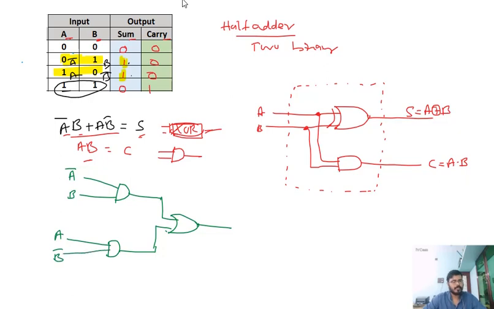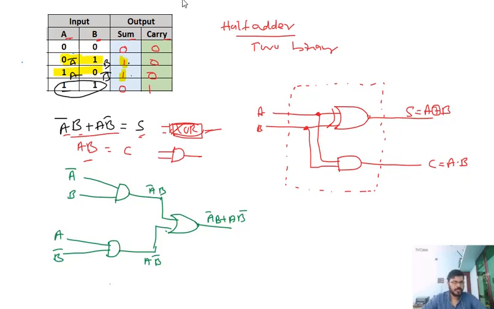Then the output here will be A complement into B, here A into B complement, and here you will have A complement B plus A B complement. So this will work as an XOR gate.